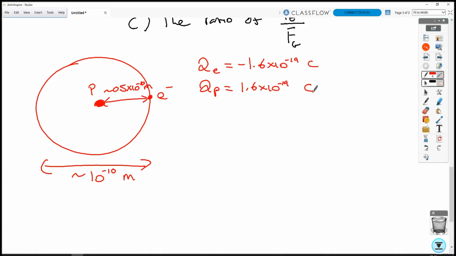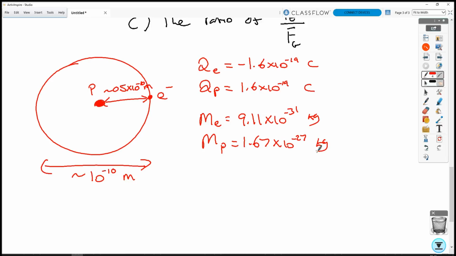So I'm just going to write these down now before I start solving each question, so I have all my values ready. The mass of an electron is equal to 9.11 times 10 to the minus 31 kilograms, and the mass of the proton is equal to 1.67 times 10 to the minus 27 kilograms.